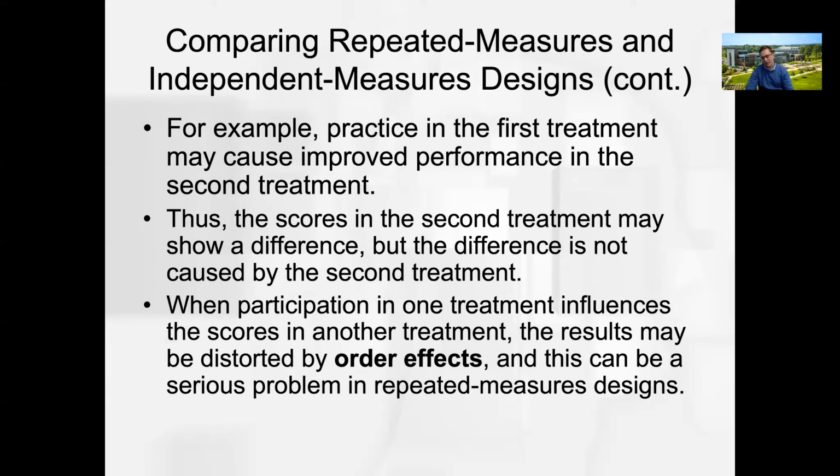And so that way we can say, okay, if there is a similar benefit, regardless of which order, which presentation you get, we can say that's probably due to the caffeine. Otherwise, we're going to have a hard time saying this is due to caffeine and not just due to practice.